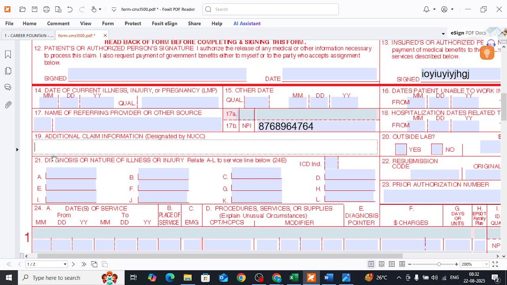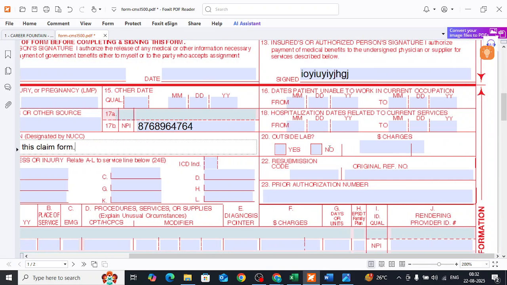So I can mention here, attached medical records with this claim form. For any other purpose as well, we can use this additional claim information box. That is box number 19.